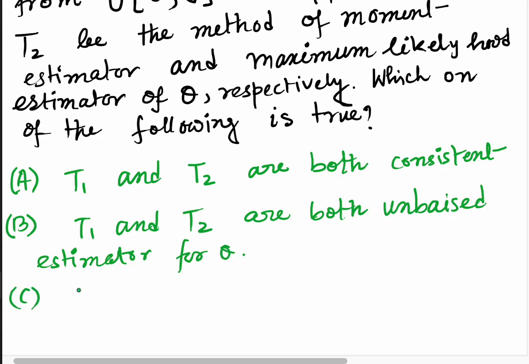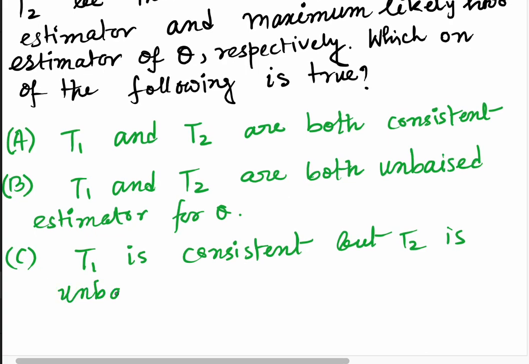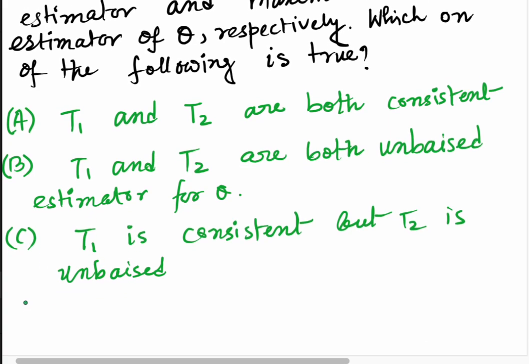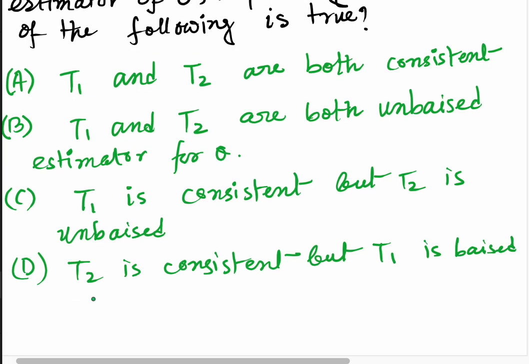C, T1 is consistent but T2 is unbiased. And D, T2 is consistent but T1 is biased for theta.